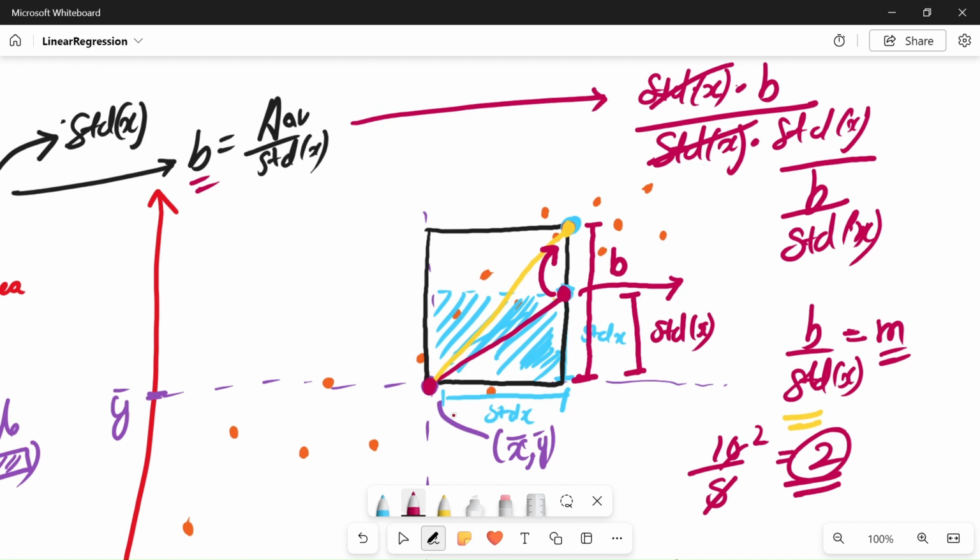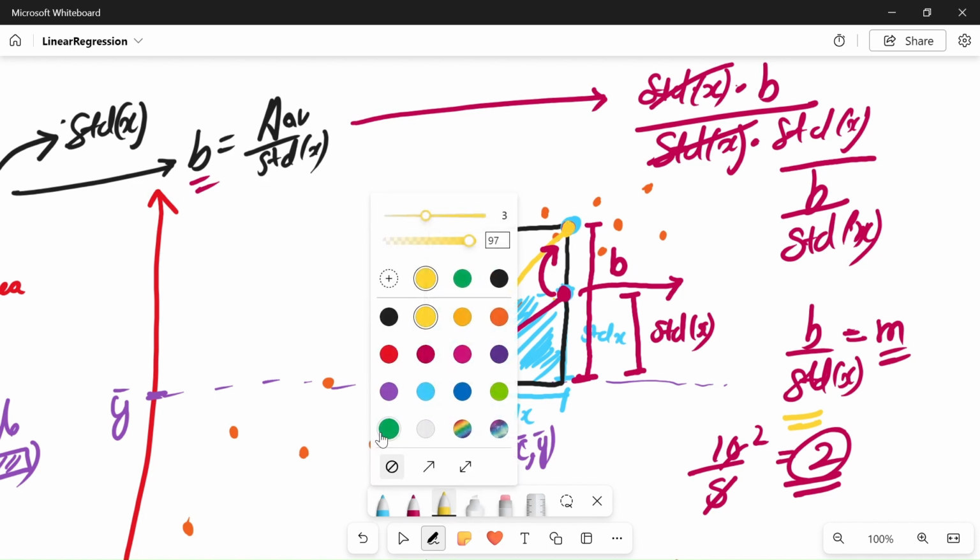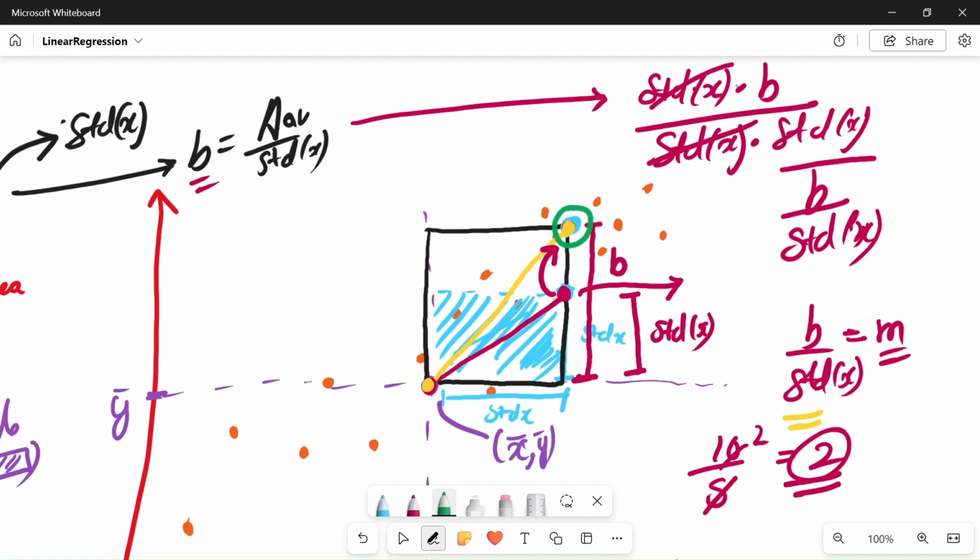One of the points is actually fixed, the x bar y bar. Now the second point is this point only, this particular point that I am currently highlighting. These 2 points are actually the ones which make the best fit line, the average point of the data set and the x bar y bar point.